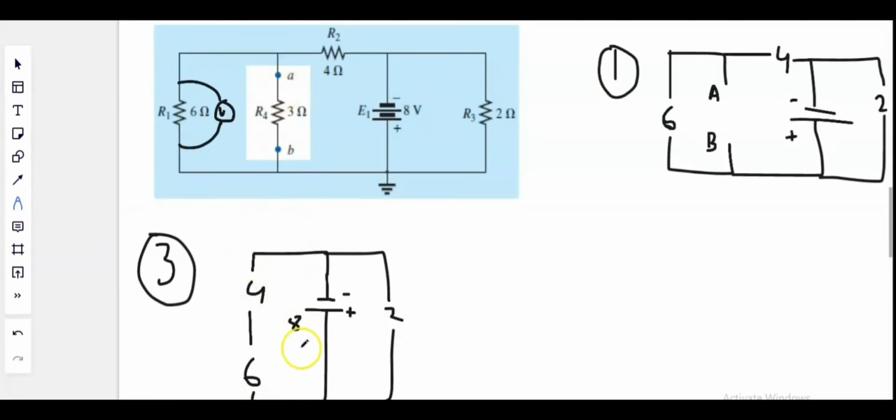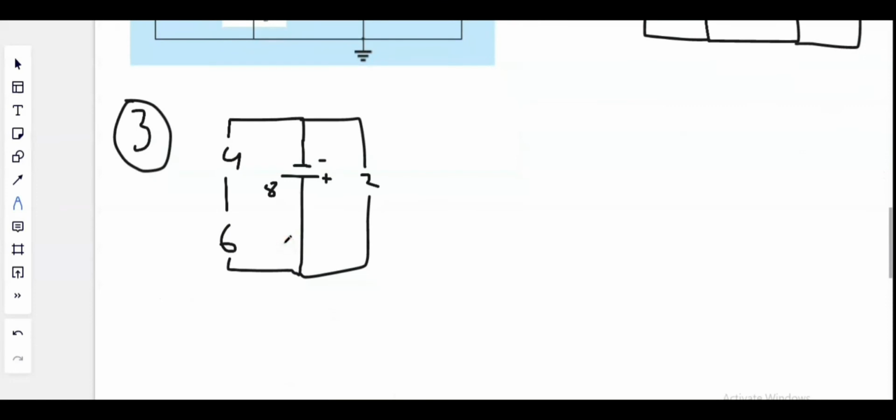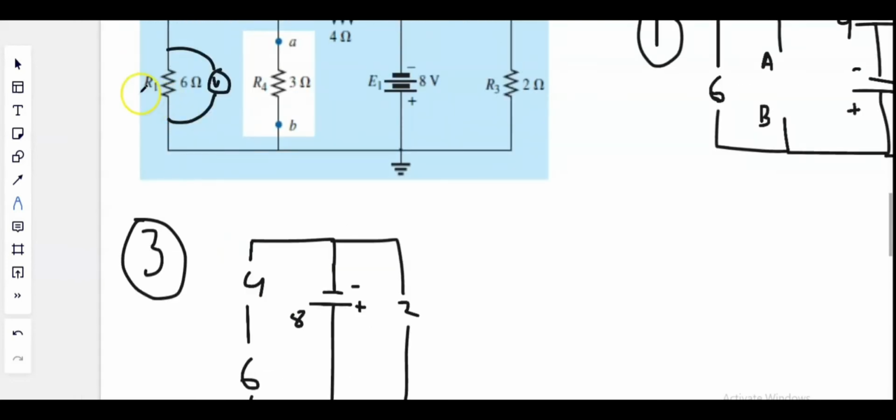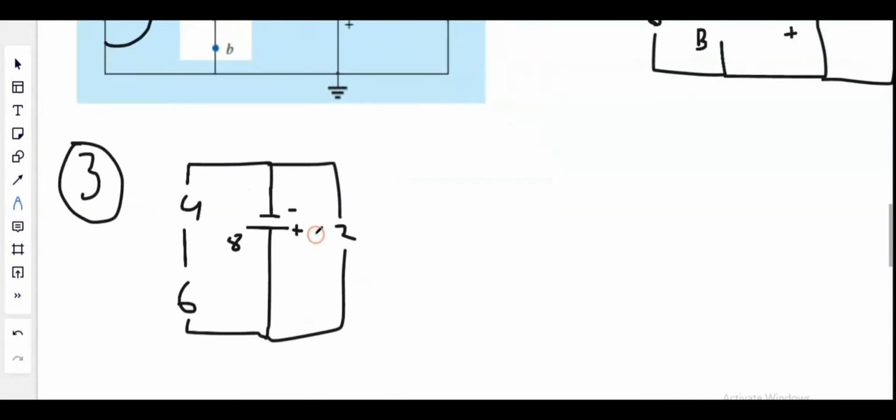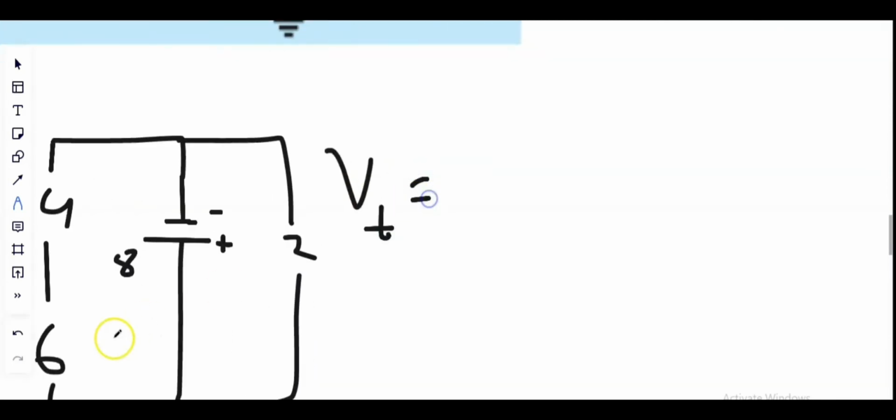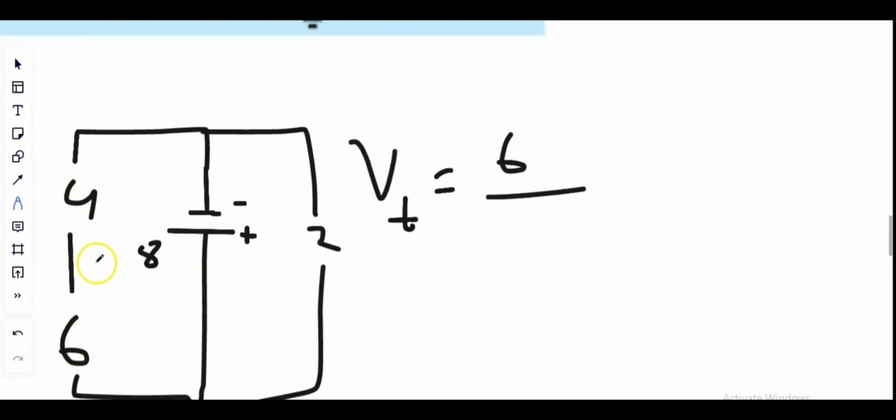4 and 6 are in series, so we are going to use VDR to find the voltage across resistor 6, or the voltage across resistor R1, and the formula would be VT is equal to the resistance of R1, which is 6, divided by the total resistance in series, which is 4 plus 6, not 4 plus 6 plus 2, only in series, not the parallel, only in series.